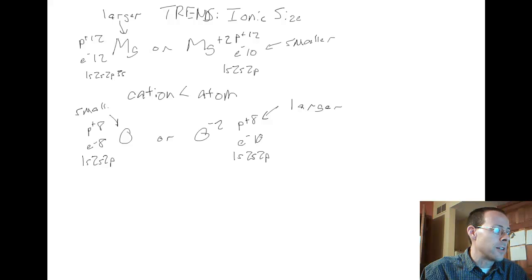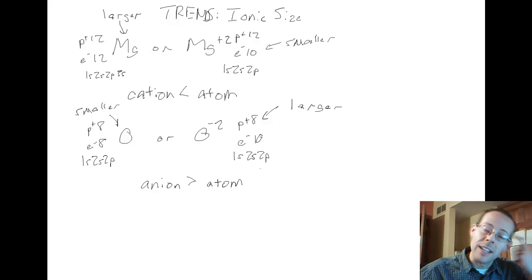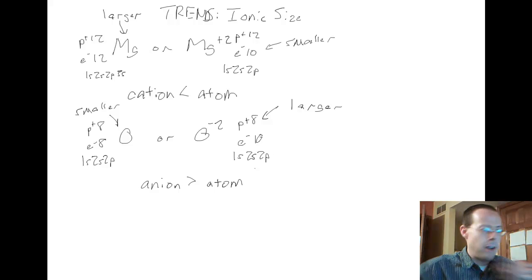We can summarize this by saying our anion will always be larger than our atom. How come? Because the anion has extra electrons and the same number of protons, so the protons attract the electrons less strongly, which means they're bigger. They kind of puff out.